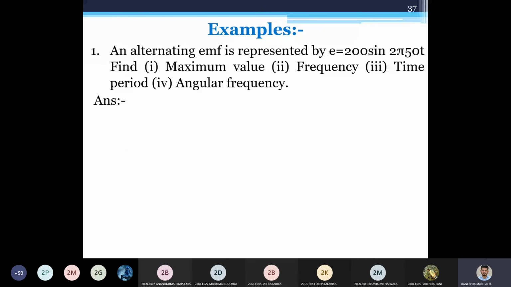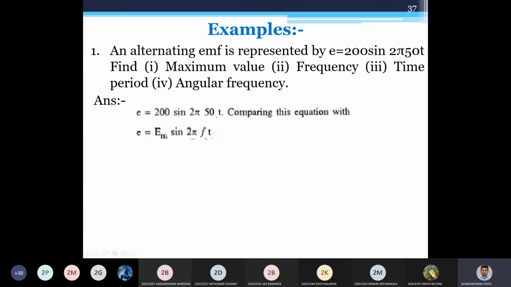What we are going to do first is compare that equation with our equation. 200 sine 2 pi 50 t, comparing this with Em sine 2 pi ft. Instead of omega t, we have put the value omega is 2 pi f into t. For the students from division 2, this was covered in the alternating voltage equation theory. You can refer to that.